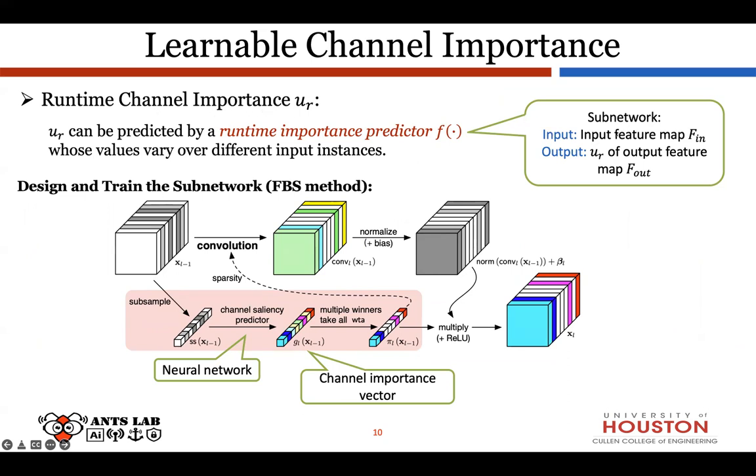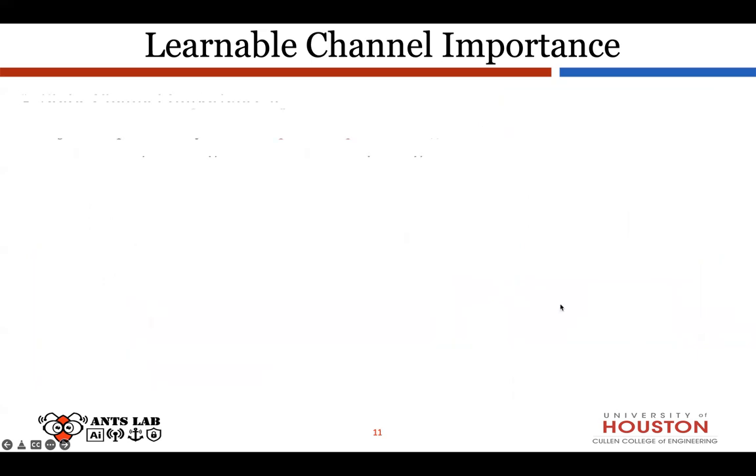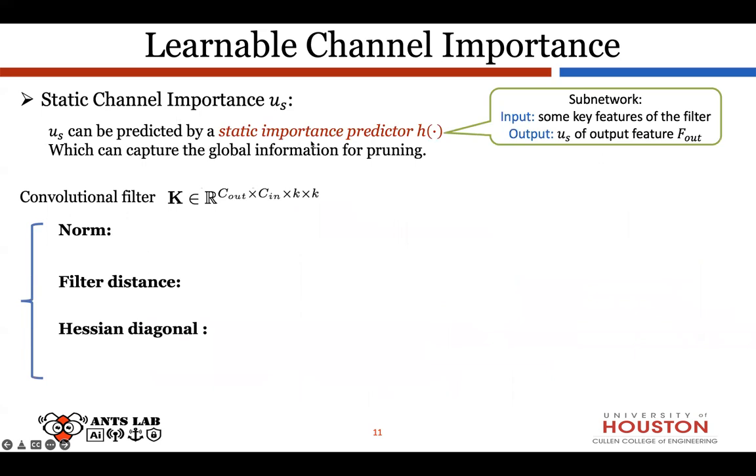So we put the input feature as the input of the layer. And for this static channel importance, for different inputs, we have the same static channel importance. So here we treat the features of the filter as the input. It will not be dependent on the input data.